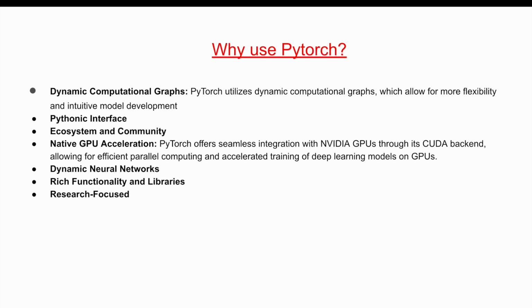This dynamic nature makes PyTorch easier to debug and also to experiment with other models, particularly those involving recurrent neural networks, or RNNs, or architectures with varying input sizes.